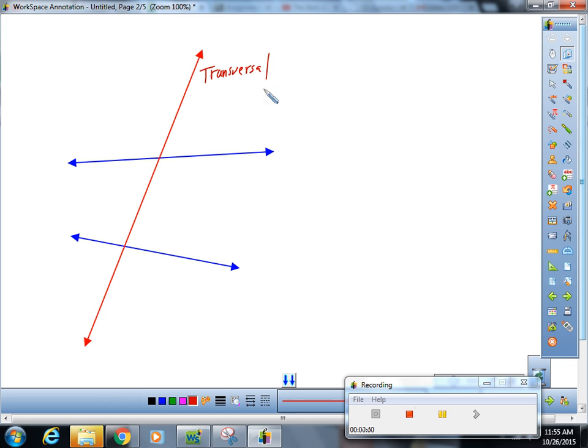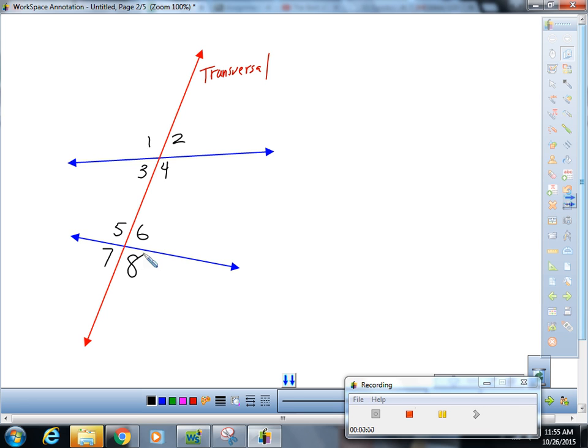Now, what we're going to do today is simply identify some things that you already know about. But we're not going to talk about whether or not they're congruent. So you're going to recognize these terms, but we're not dealing with parallel lines yet, so we are not dealing with any congruent or supplementary angles yet.